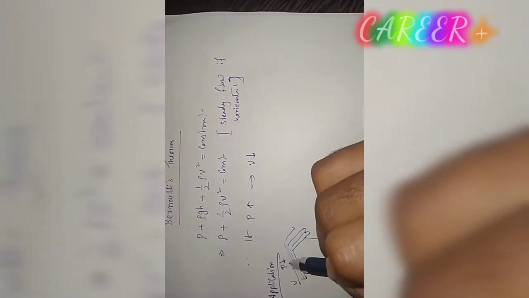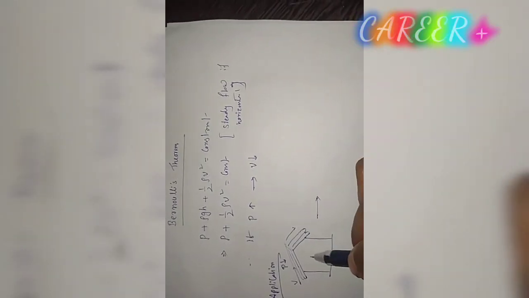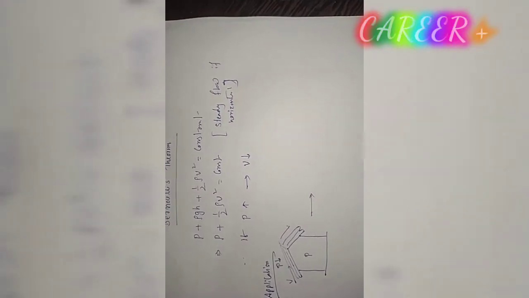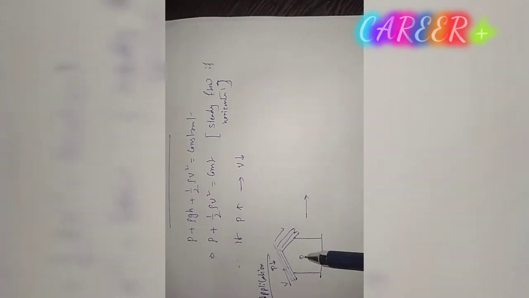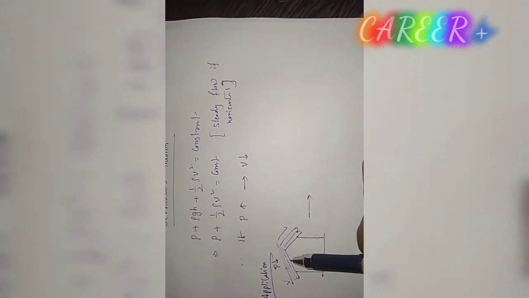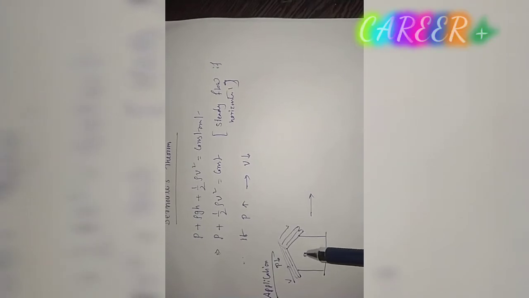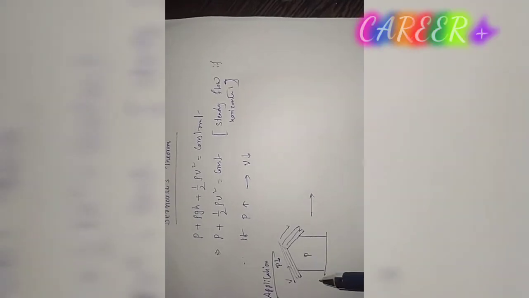Pressure outside or above the roofs decreases, but inside the house the pressure remains constant as it was earlier. So what is going to happen? We can conclude that the pressure just below the roofs becomes greater than the pressure just above it.